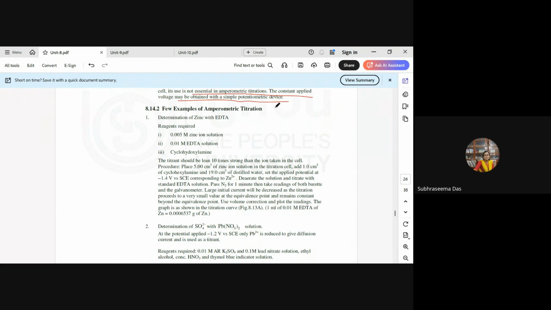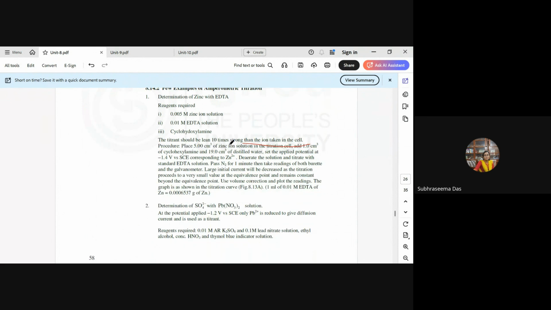The titrant should be made 10 times stronger than the ion taken in the cell. First, the procedure is we take 5 ml of zinc ion solution in the titration cell, add 1 ml of cyclohexylamine and 19 ml of distilled water, and set the applied potential at minus 1.4 volt versus SCE, corresponding to Zn2+. The solution should be deaerated and titrated with standard EDTA solution.